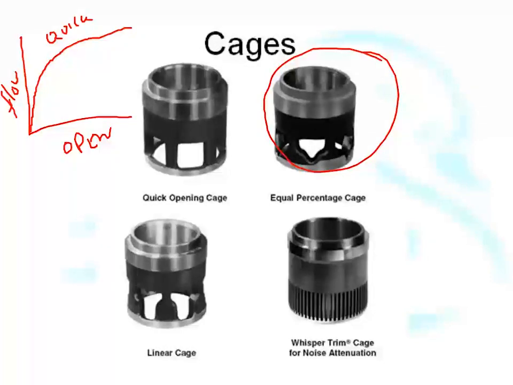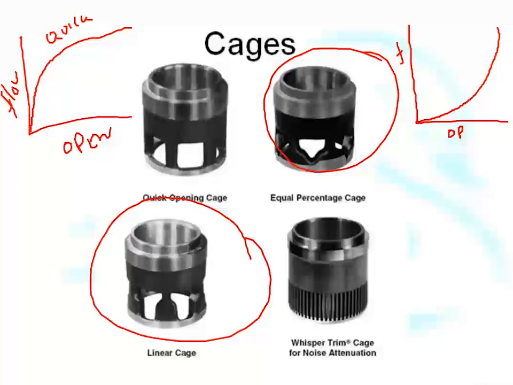This valve here, that's equal percentage valve. With an equal percentage valve, that's flow up there, that's open, it opens like that. It's called equal percentage because for every percentage increase, the flow increases by an equal amount. Seems strange anyway.